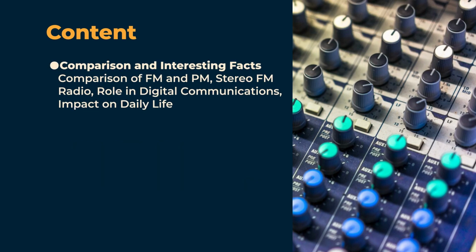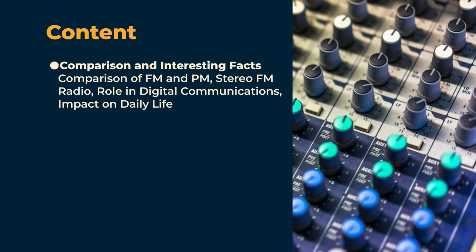Next, we will go for the comparison and interesting facts related to FM and PM modulation. In the comparison of frequency modulation and phase modulation, we will discuss the similarities and differences between them.